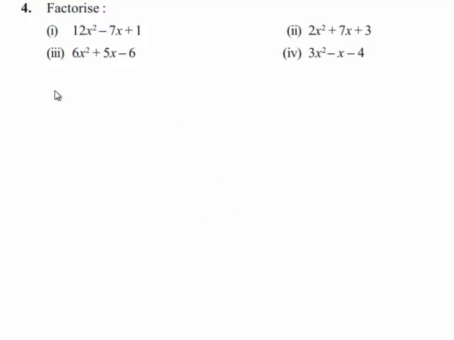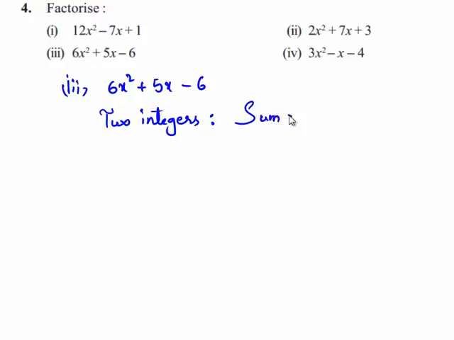Now moving to the third polynomial, which is 6x square plus 5x minus 6. We need two integers such that their sum is equal to 5 and the product is equal to 6 times minus 6, which is minus 36.